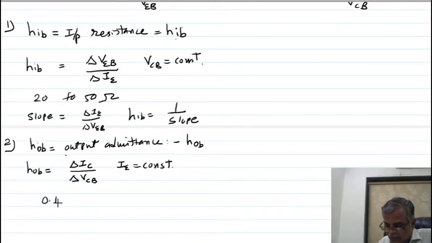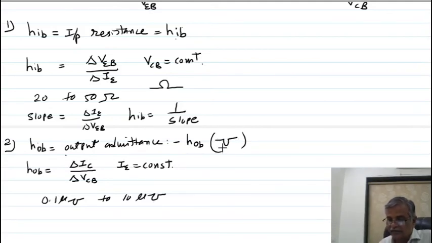Its value is of the order of 0.1 micromho to 10 micromho. The unit of input resistance is ohm, the unit of output admittance is mho.